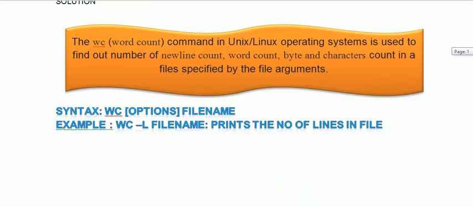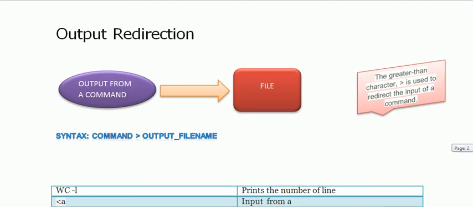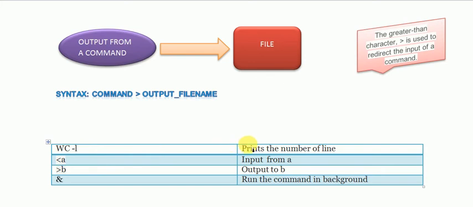So let us break it down. WC -l means print the number of lines. For which file? Less than A means input is taken from file A, and we calculate the number of lines in file A, then store that number in file B.